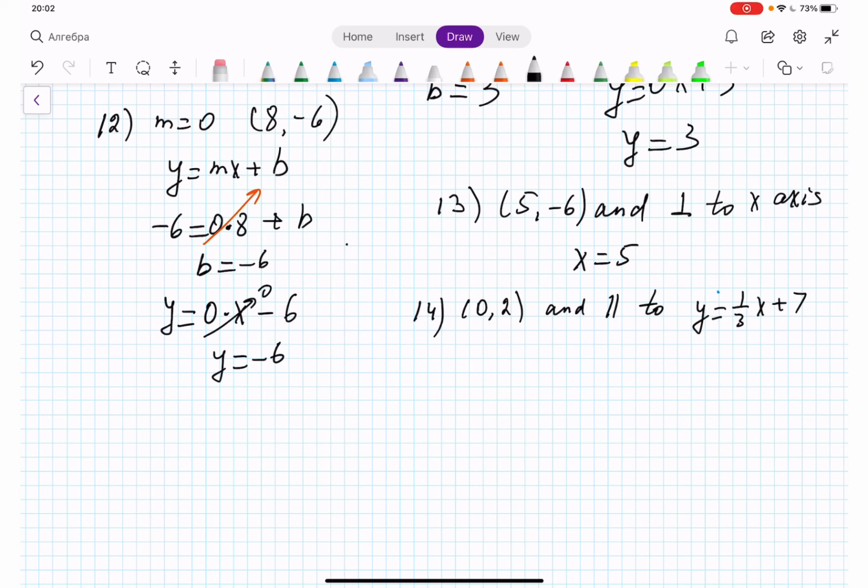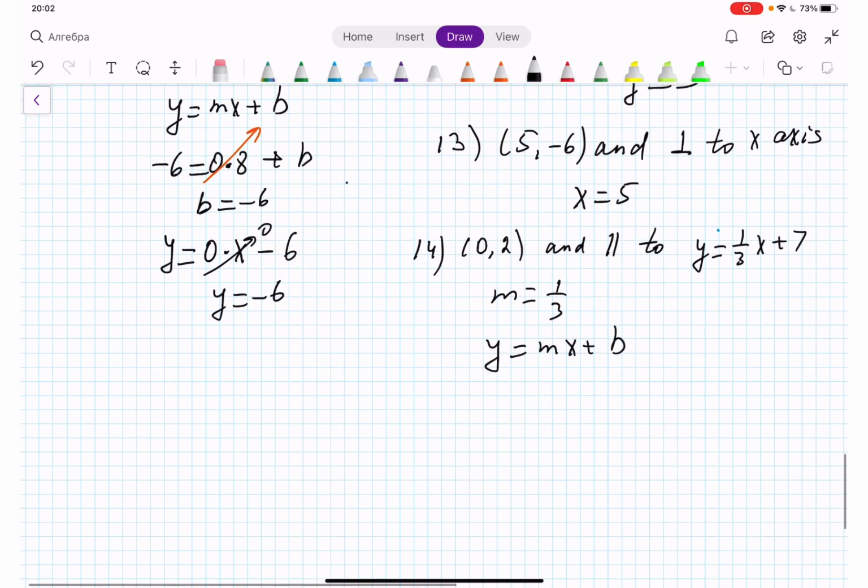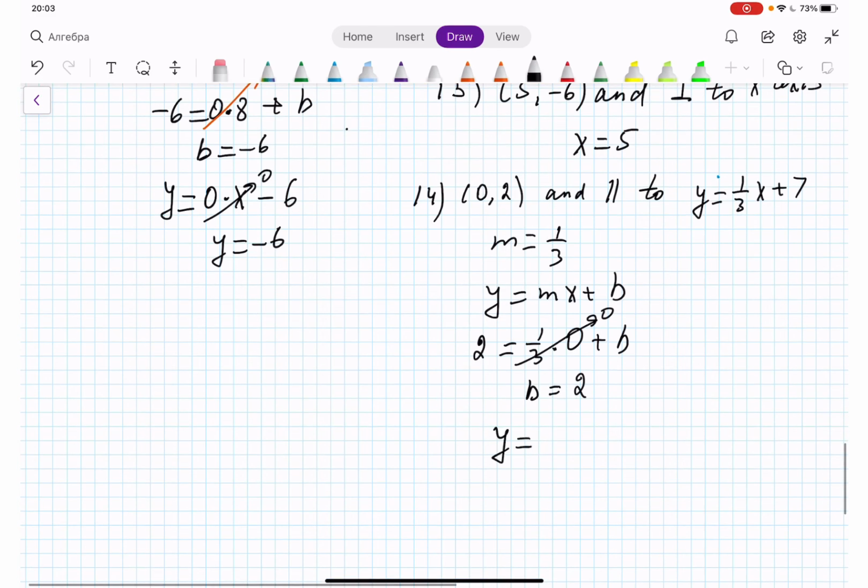Okay, so if it's parallel, that means the slope is going to be the same, right? 1/3. So now what we have to do, y is equal mx plus b. I'm going to plug in (0, 2) and m to find our b. So y is 2 from this point, right? Is equal m is 1/3 times x is 0 plus b. This is 0 and b is equal 2. From here, y is equal 1/3 of x plus 2.